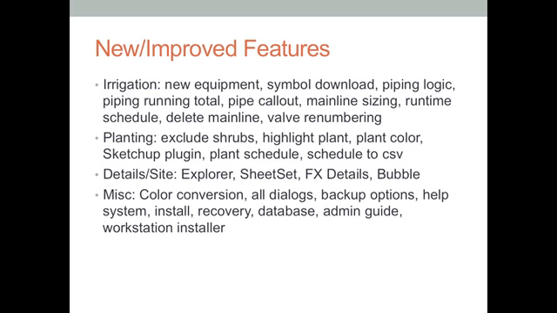But anyway, I'm going to start with the new irrigation features over the last year, then the new planting features, some details and site items like sheet set support, and then some miscellaneous things as well.